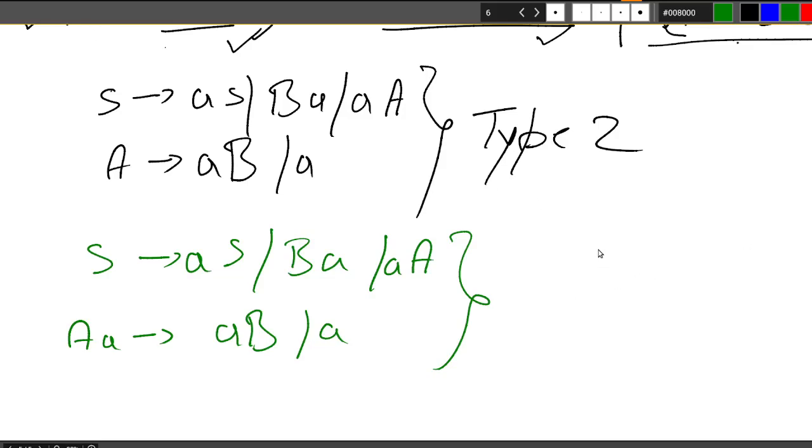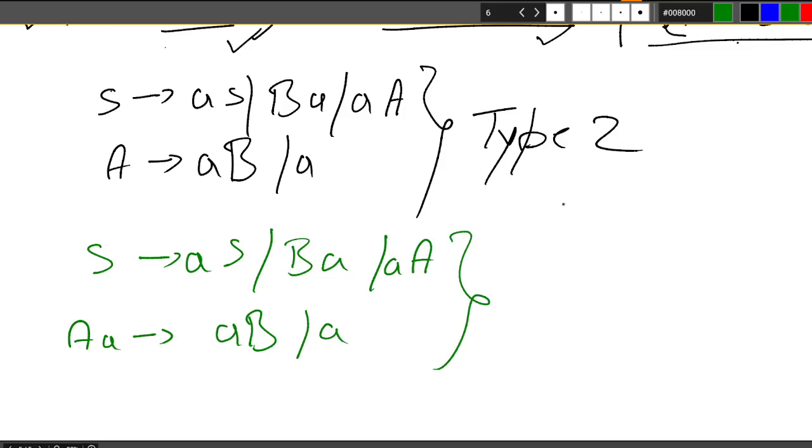Now tell me, let me ask Pradeep Khanna. Pradeep, you have to tell me what is the type of this grammar. Sir, I think it will be a type 3 grammar. Pradeep Khanna thinks it can be a type 3 grammar.